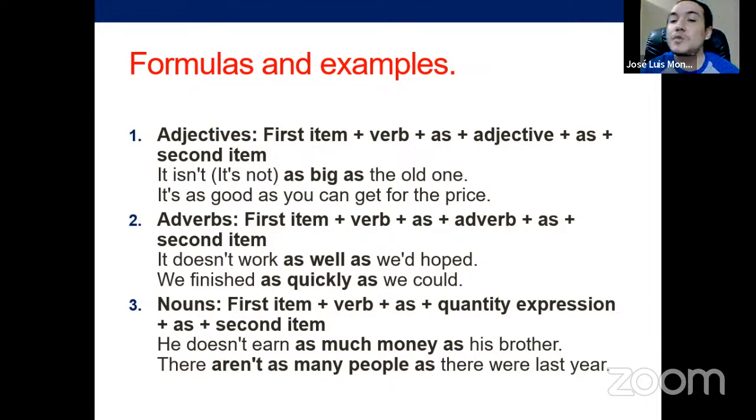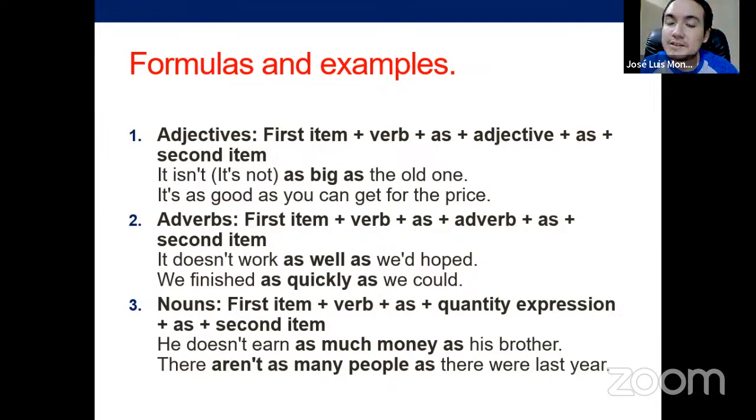Doesn't work is the action verb in negative, as well as is the adverb in between that structure, and we'd hoped is the last part. We're comparing reality with our past expectations. So you can compare absolutely anything: people, objects, or expectations, reality, present versus past, and so on.